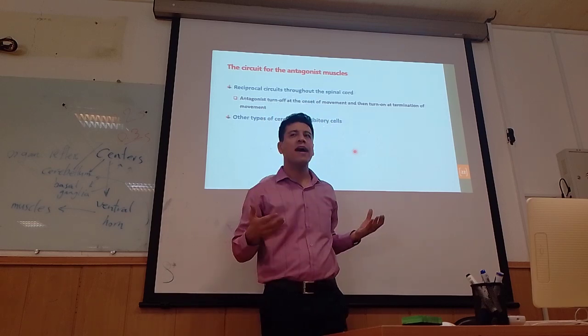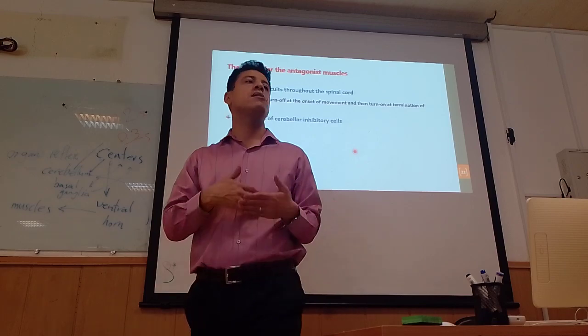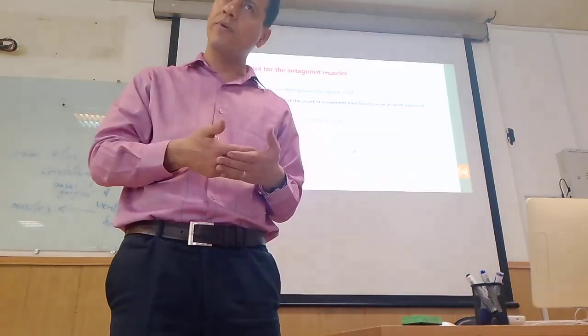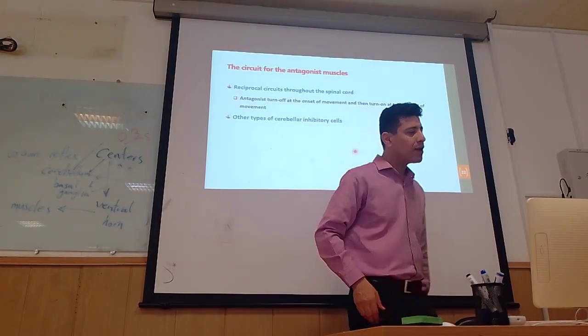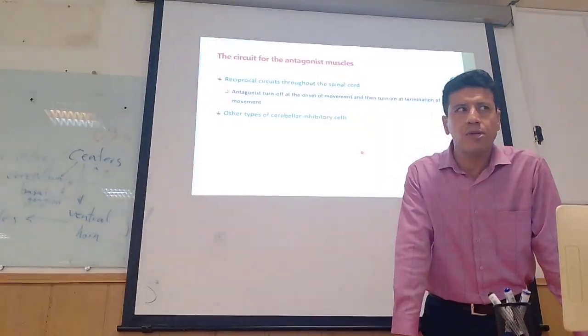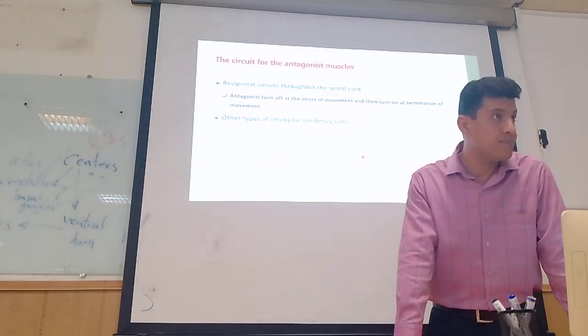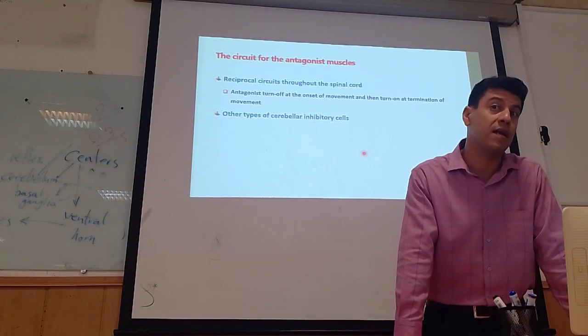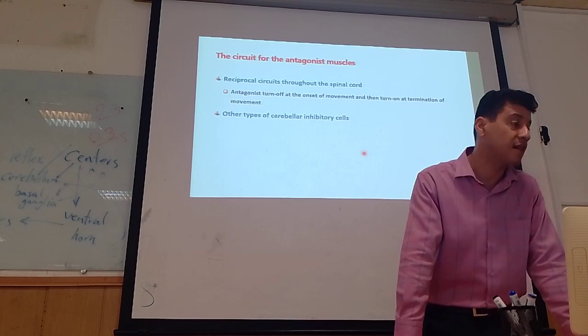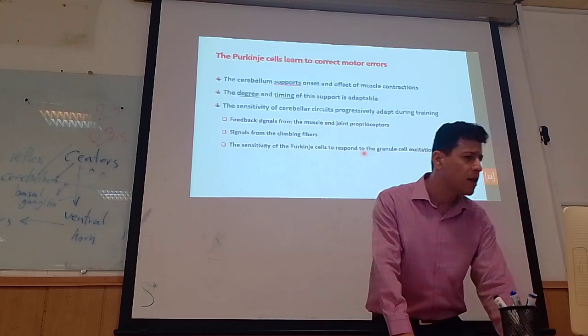We know that we have a reciprocal circuit in the spinal cord. Maybe the reciprocal circuit is mainly involved in the antagonist function. Or we also know that we have inhibitory cells like stellate cells and Golgi cells in the cerebellum. They may also be involved in the relaxation of the antagonist.